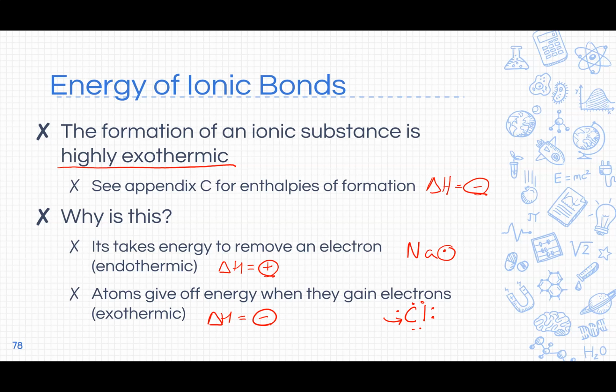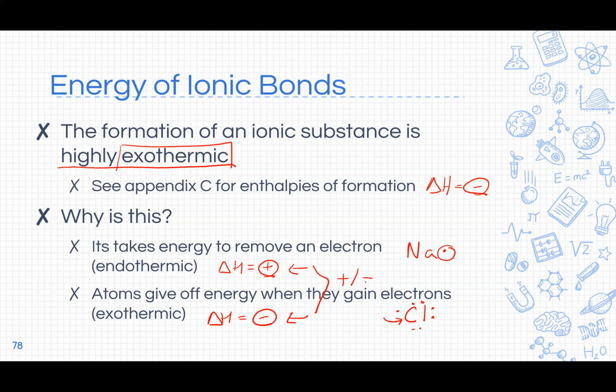So one would think that to get the delta H for this whole process, we just add up this delta H and this delta H. But if we think about that, that won't always yield a negative value. So that wouldn't mean that every substance has this exothermic process happening when the ionic substance is formed, because depending on the magnitude of the delta H values, the overall delta H could be positive or negative.